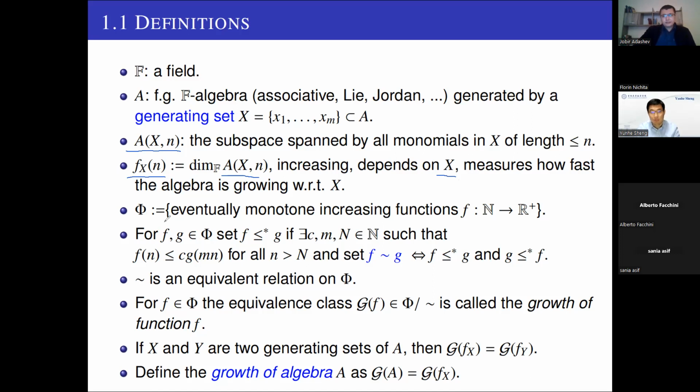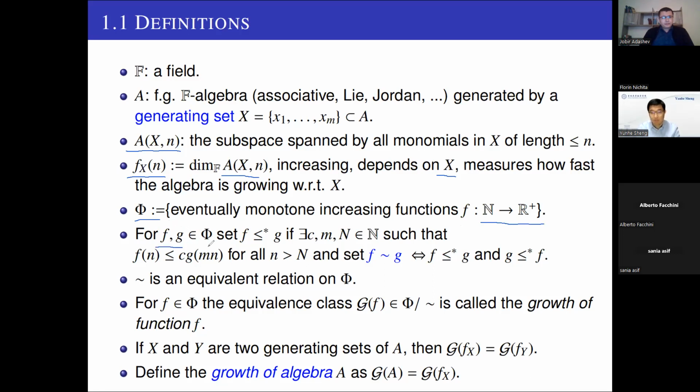In order to do that, we introduce some equivalence relation. So now let Φ be the set of eventually monotone increasing functions from natural numbers to positive reals.